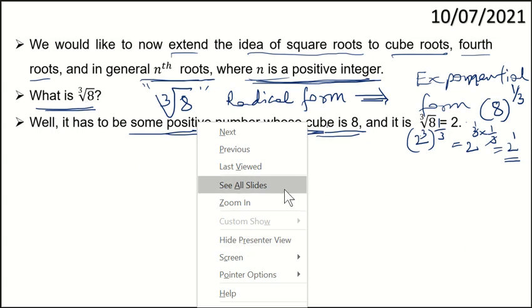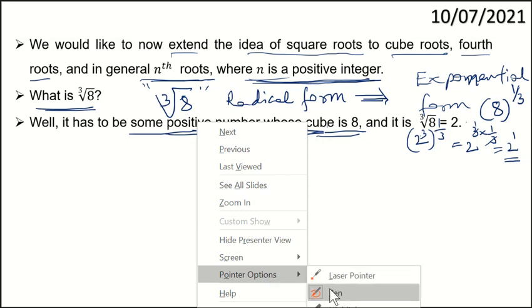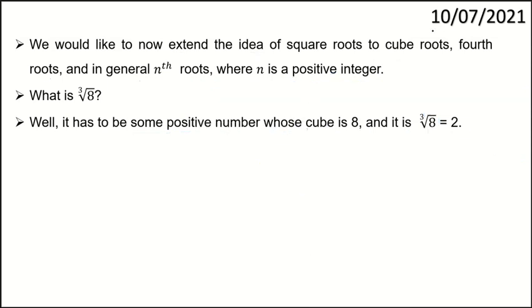Here I am trying to erase all. Here this is radical form of 8 power 1 by 3, which is exponential form. You know the radical form and exponential form of cube roots, which you have learnt in your class 8th.